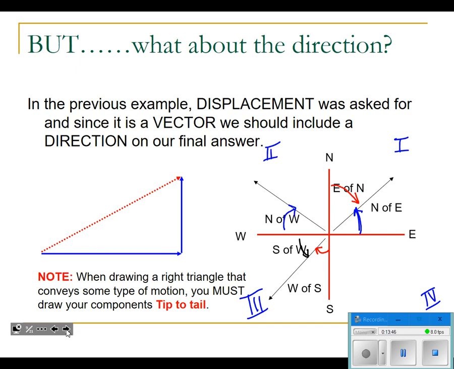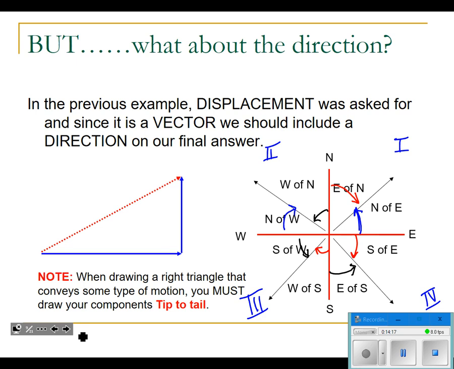Or if I came this direction from the north, then that would be west of north. And if I went down in quadrant 4 here, then I would say it was south of east if I go here, and it would be east of south if I go here. Okay, so that's a way to think about how you write these.